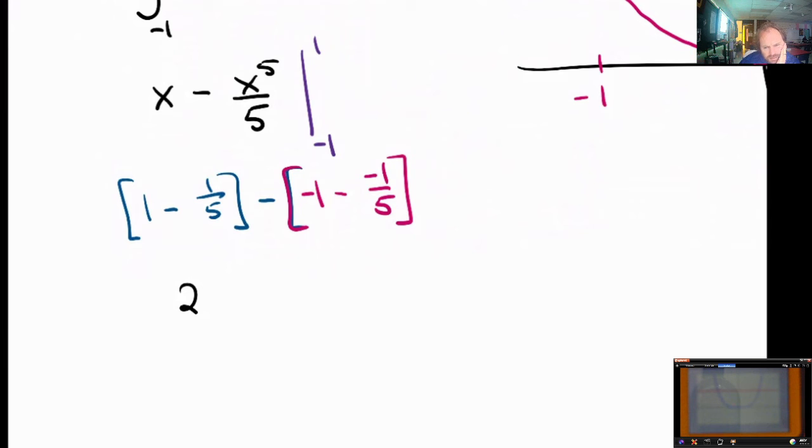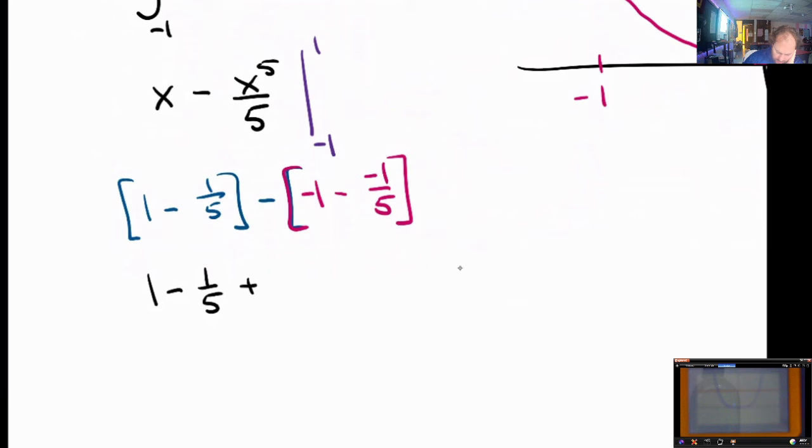What am I thinking about incorrectly here? Oh, I guess that minus -1/5 can become a plus. I'm not thinking about this algebraically enough.